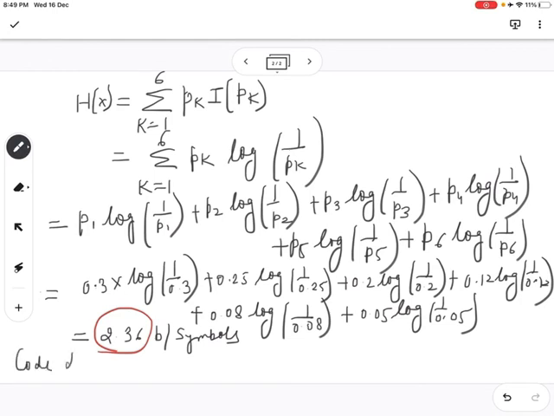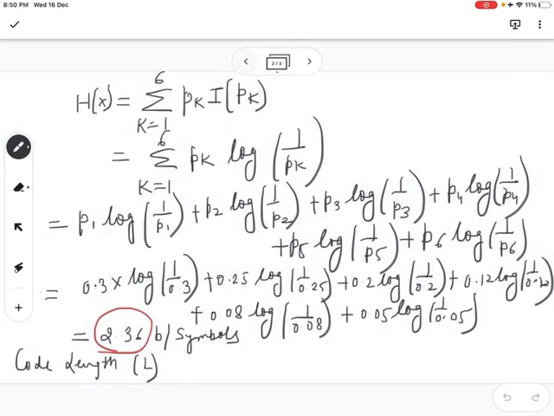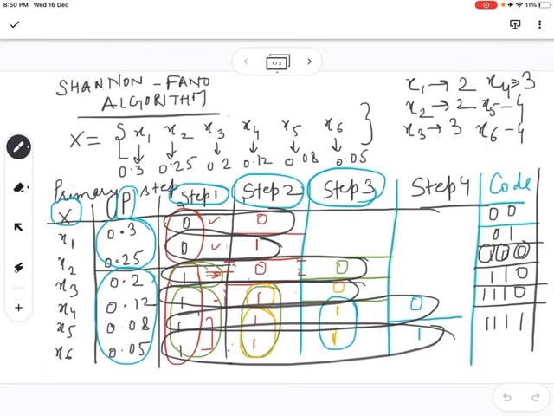Now I'm going to calculate the code length, that is L. To calculate the code length, capital L, what is the formula? We have to multiply probabilities with the length corresponding to that particular message. For x1 the probability is 0.3 and the code length is 2.